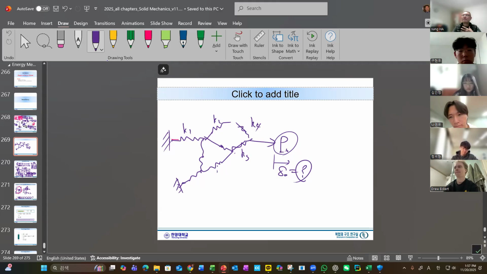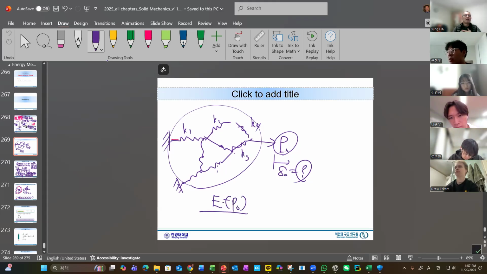But if we are able to get the whole energy of the whole structure in terms of P0, then all you need to do is just take the derivative with respect to P0. This will be delta zero. Exactly the same concept as before, but it can be applied to a really complicated structure.